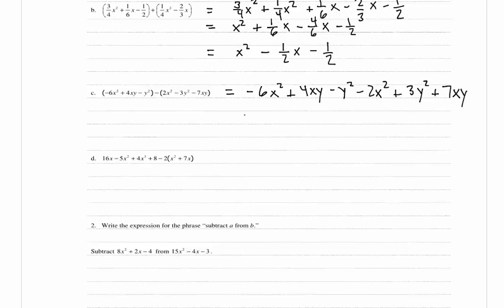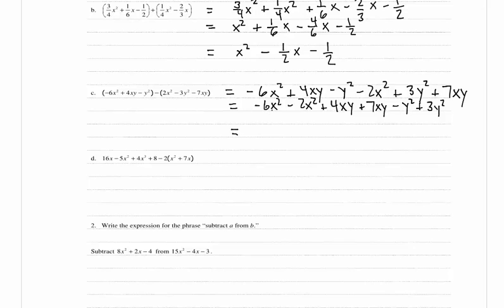So now that we've distributed our negative, let's group them together with our like terms. So we have negative 6x squared minus 2x squared plus 4xy plus 7xy. And we have minus y squared and plus 3y squared.